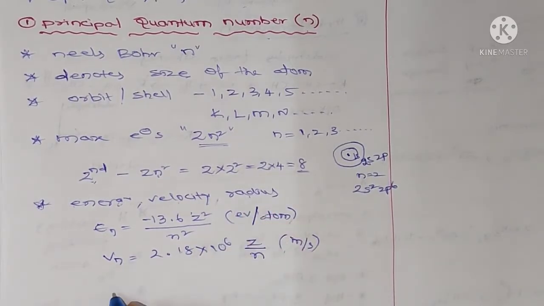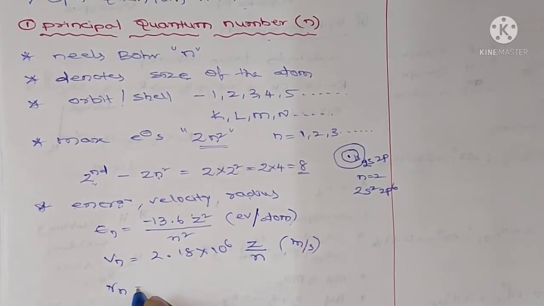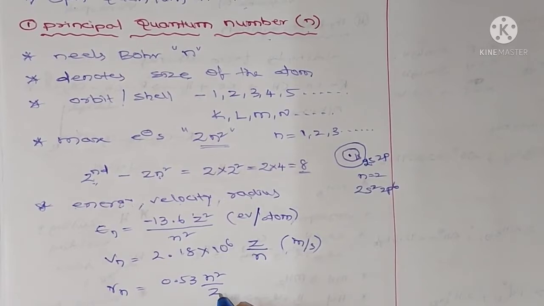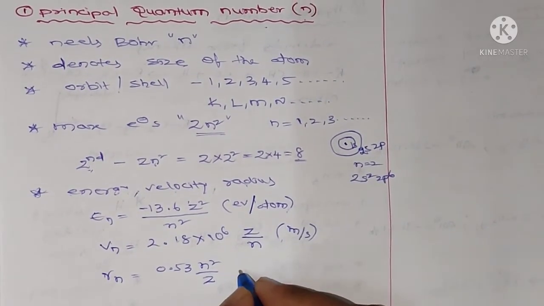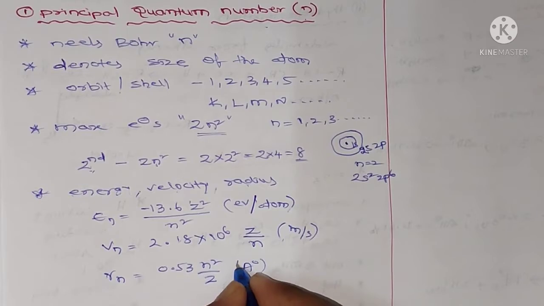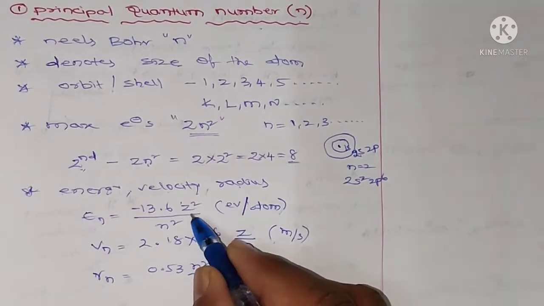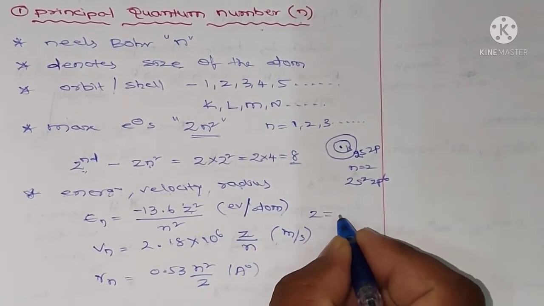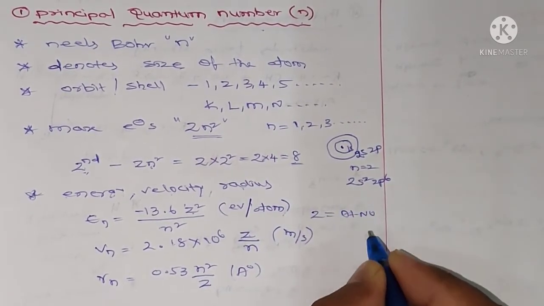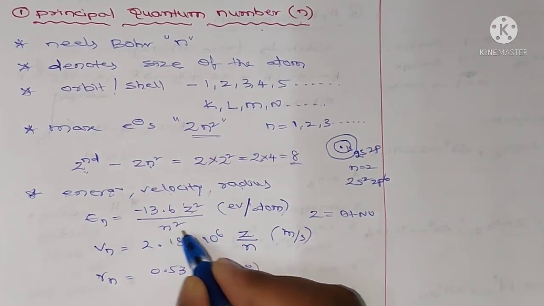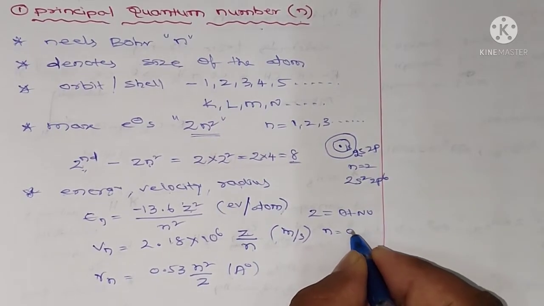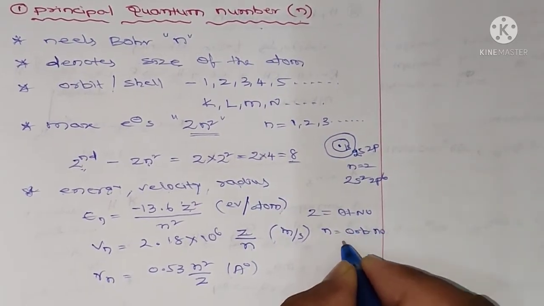And for radius, rn is equal to 0.53 n square by Z angstroms. And here Z is equal to atomic number, and n is equal to orbit number or shell number.